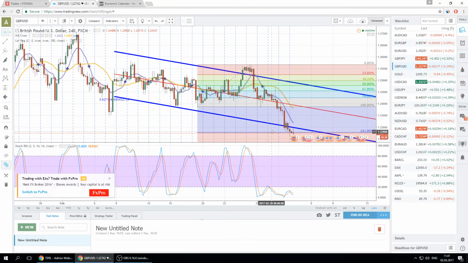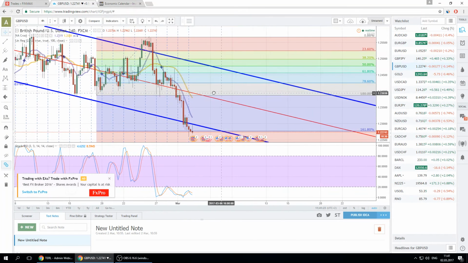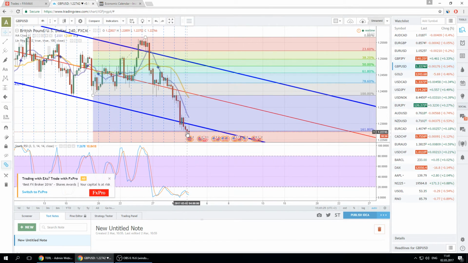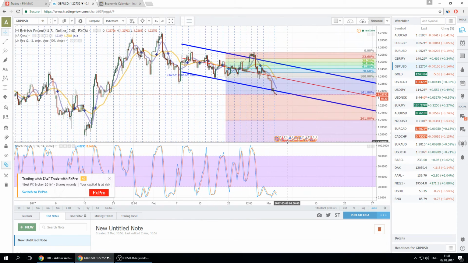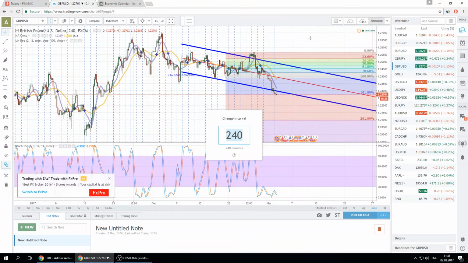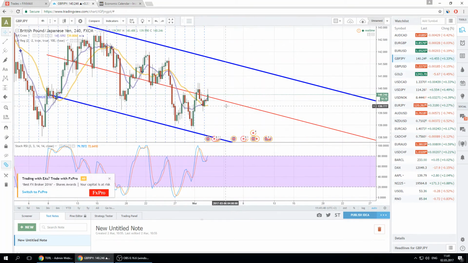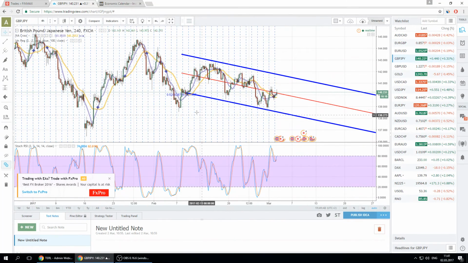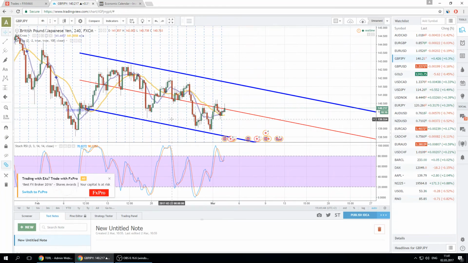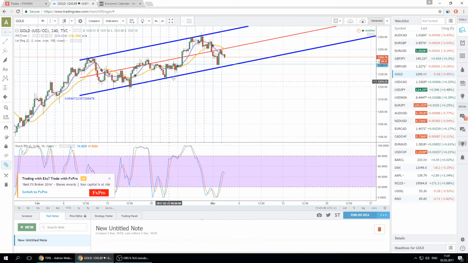So as you see, the British pound here reached a pretty low level. On this chart, well, the picture is not that sad for the British currency.